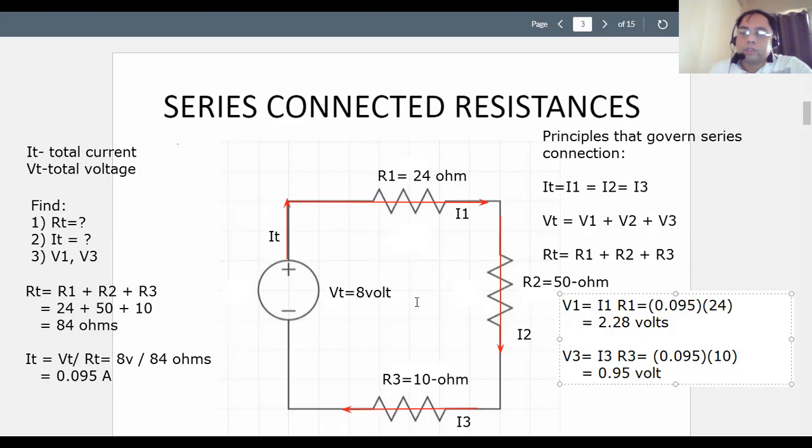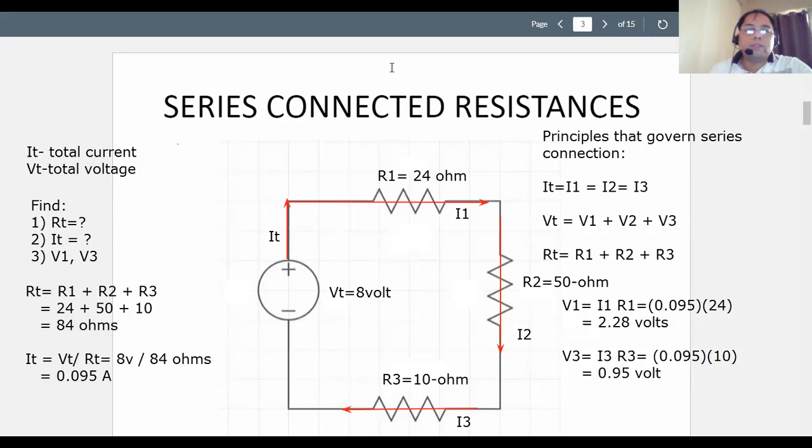Or you can also get that by multiplying I2 with R2. V1 and V3 are around 3 volts together. So if the total is 8 volts, V2 is near 5 volts. But anyway, that's not part of what we are trying to find.